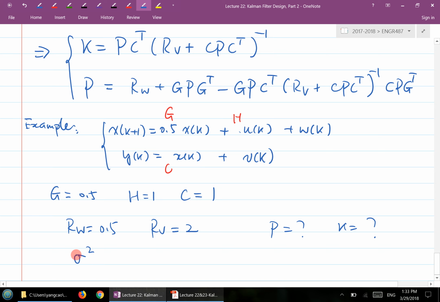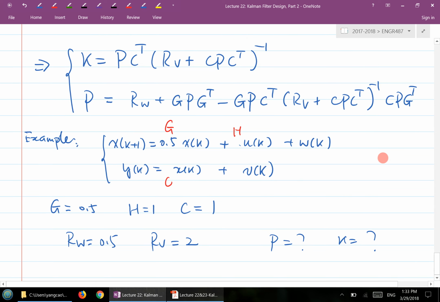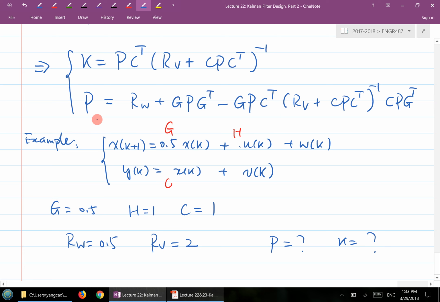Anyway, let's make use of these two equations here. First I'll calculate P, and then substitute P back over here, and we'll get the K value.